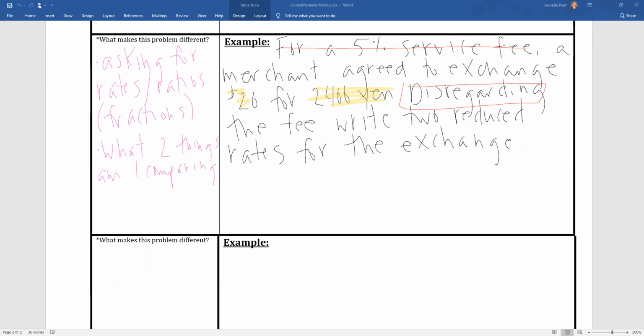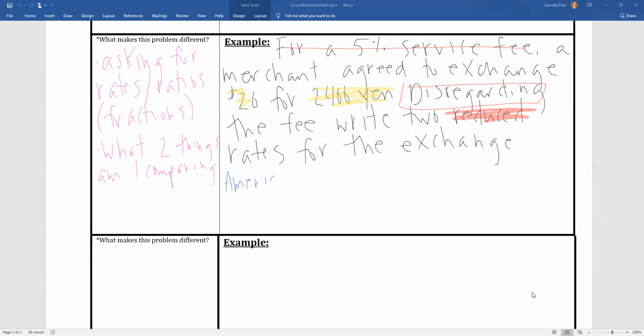The next piece of information that they give you is they want reduced rates, okay? So if they want a reduced rate, I know a rate to be a fraction, so I better make sure to reduce my fraction. Okay, so let's go through, and I know that I'm comparing American dollars.